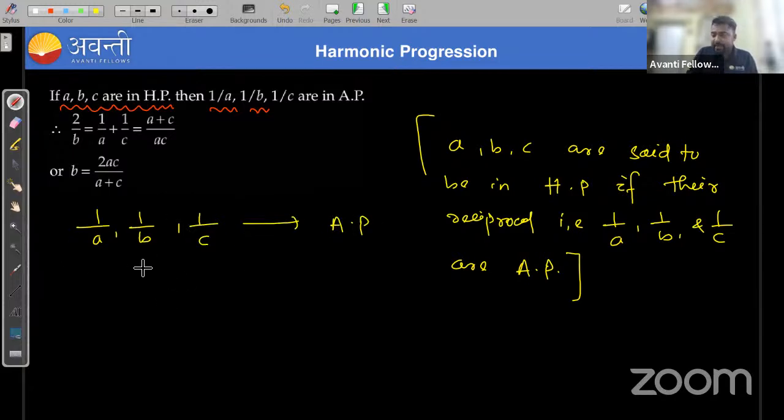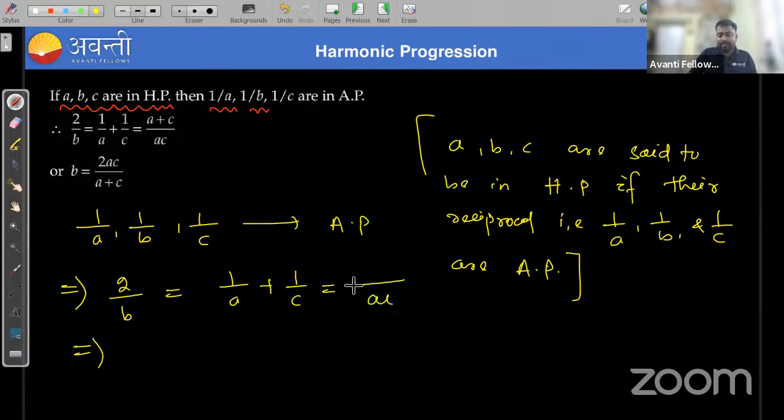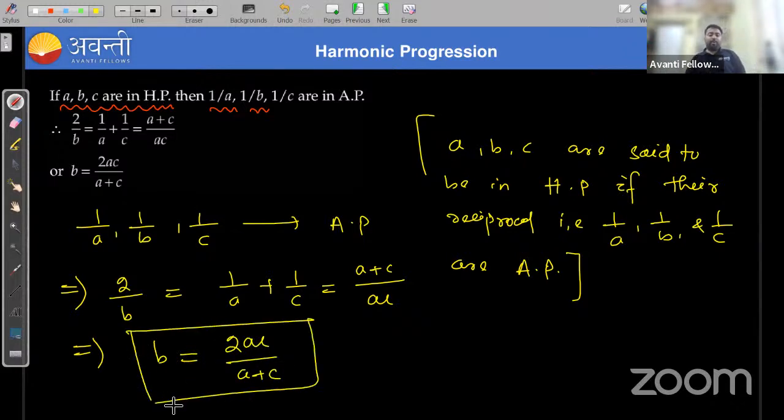So these three terms will satisfy the condition for AP, that is, 2 into the middle term, 2 upon B, is equal to 1 upon A plus 1 upon C. If we take the LCM of the right hand side, it will be AC in the denominator and A plus C in the numerator. Cross multiplying, we get B is equal to 2AC upon A plus C. So this is the condition for harmonic progression: B is equal to 2AC upon A plus C when A, B, C are in harmonic progression.